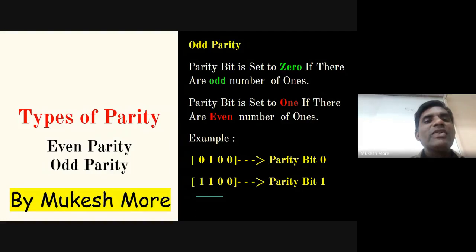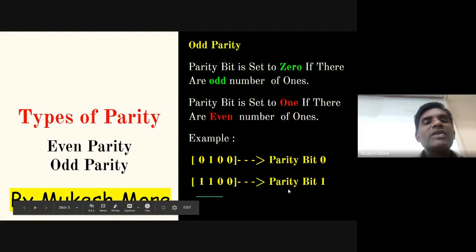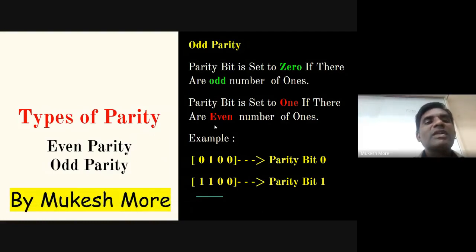In this way we are managing all the bits in odd parity. If you add 0, the final answer is in odd parity. If you add 1, then it is also in odd parity. So the parity bit is set to 0 if there are an odd number of ones, and set to 1 if there are an even number of ones. So this is about odd parity.